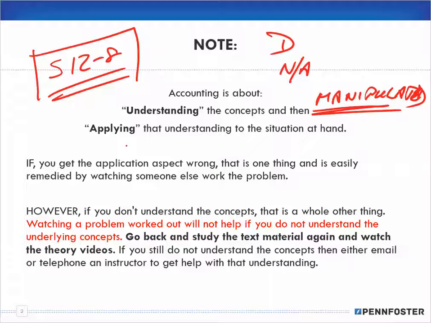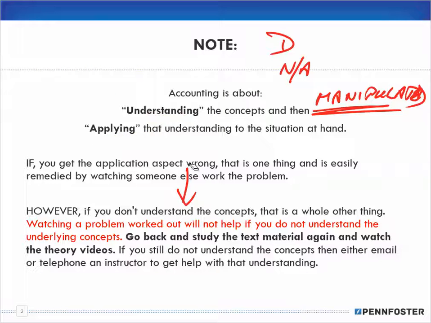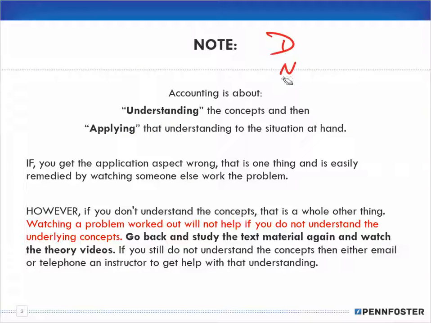And that's where this all comes in: if you understand, all right, then you can watch the application aspect of it and pick it up really quick. But if you don't understand the concepts, that's a whole other thing. You have to go back and watch and pick up that understanding. Watch the videos from the Math for Business and Finance section.